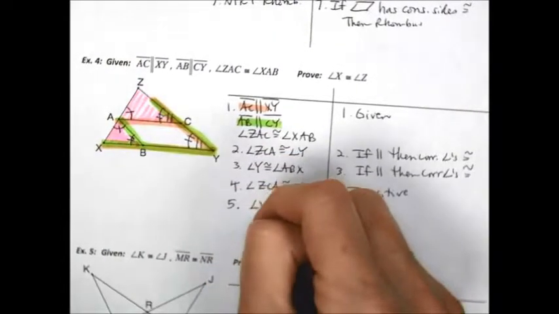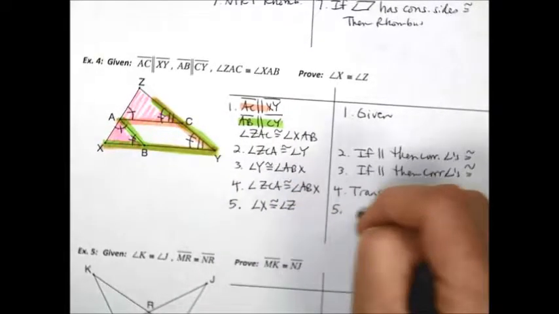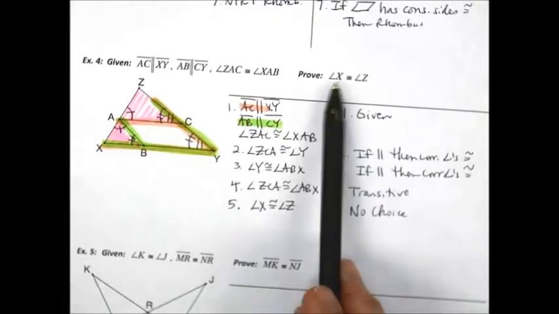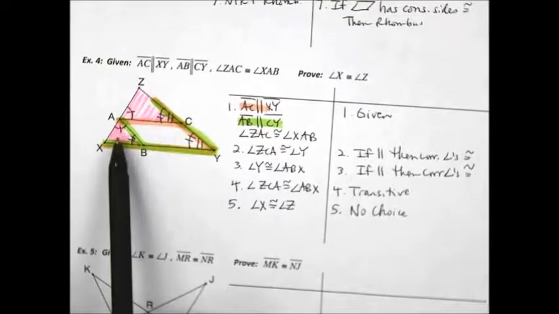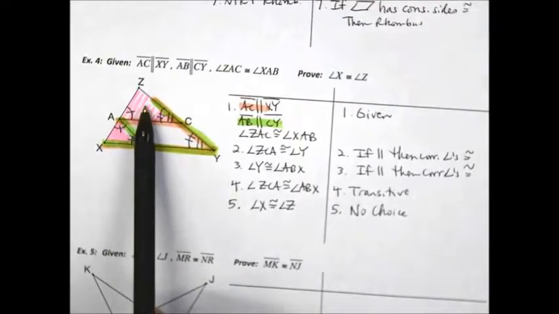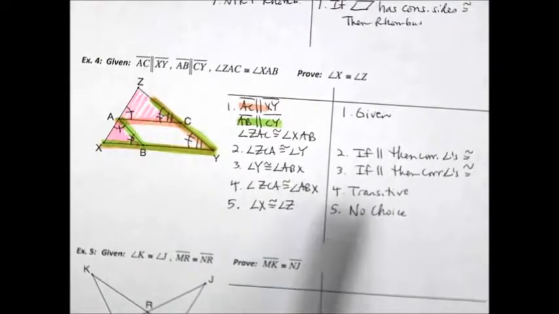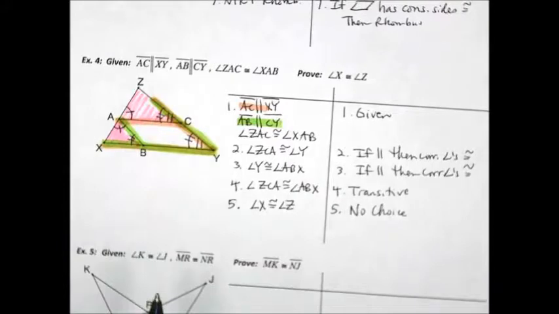So that's how I'm applying that no choice theorem. I'm not proving it this time, I'm applying it. And that's what I was asked to prove, to get X congruent to Z. Notice these two triangles are not congruent. This pink one down here is much smaller than this pink one at the top. So it has nothing to do with triangles being congruent. It just means that if you have two angles that match, the third angles match. Okay, so I want to keep reinforcing that.